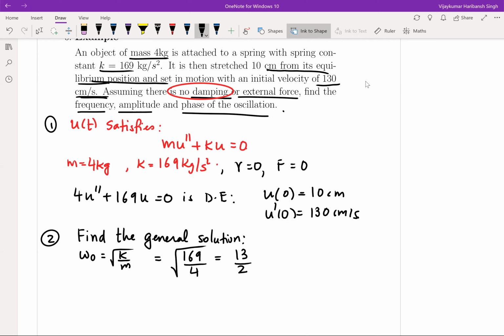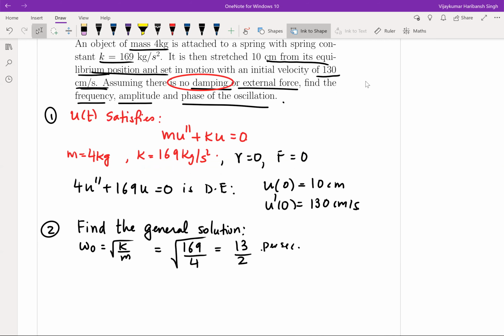And if you look at the unit of this, the kilogram gets cancelled. You are left with 1 by second, right? So omega naught equals 13 by 2 per second. So this is your frequency, right?